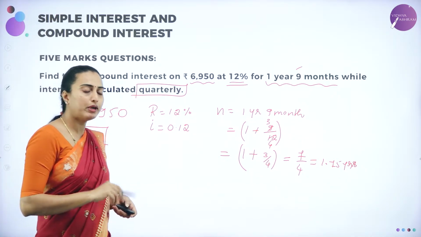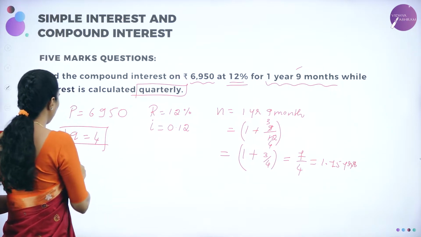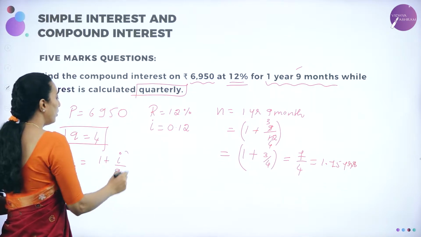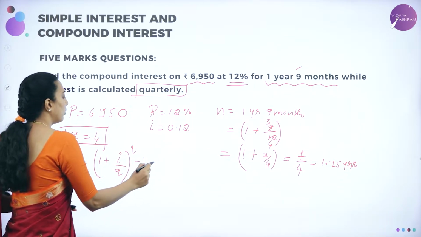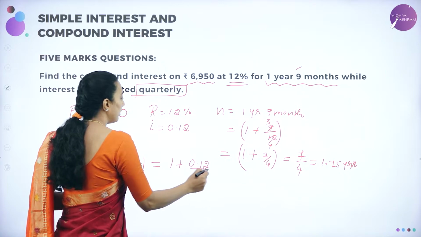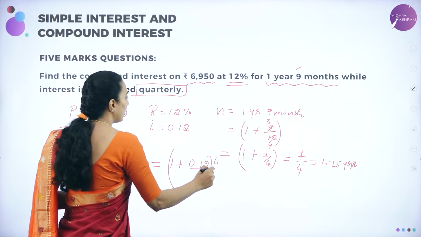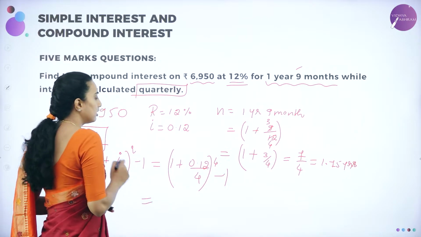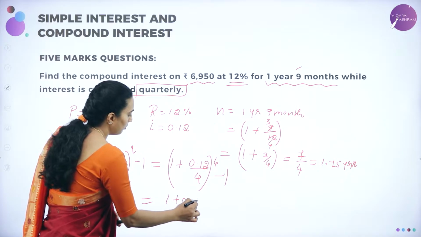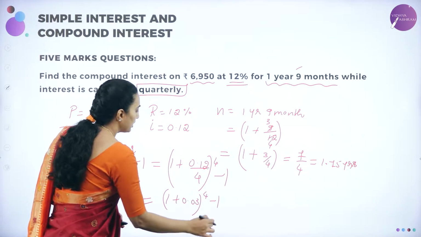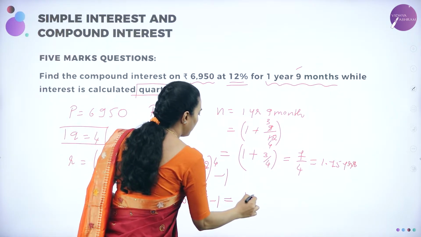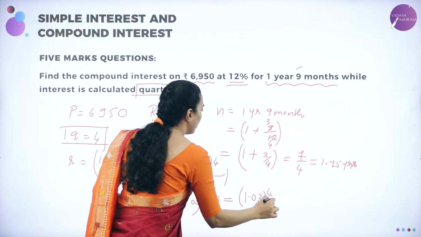Correct? Now, by using the formula of the nominal rate of interest, we know that r is equal to 1 plus i divided by q, whole to the power of q, minus 1, which will be equal to 1 plus i, which is 0.12, divided by 4, whole to the power of 4, minus 1. Let me calculate this. So you are going to have 1 plus 0.03, whole to the power of 4, minus 1, which is 1.03 to the power of 4, minus 1.